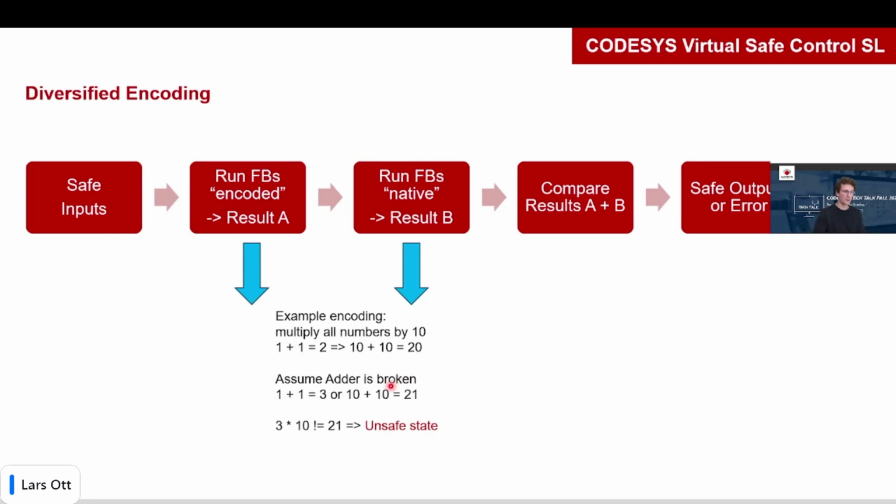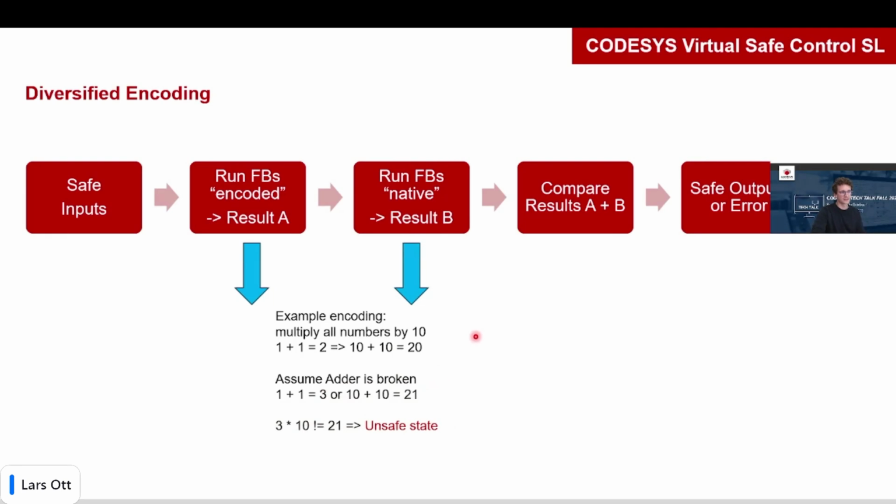Now let's assume our adder unit in our CPU is broken for whatever reason, and then 1 + 1 = 3 all of a sudden. Now if we do that same math in the encoded, we get 10 + 10 is 21. Well, 21 doesn't even divide by 10, and it's also not 3 times 10. So we know we're now in an unsafe state.